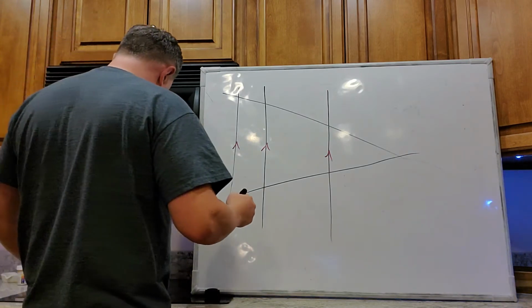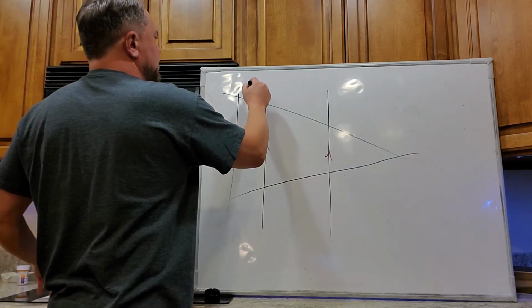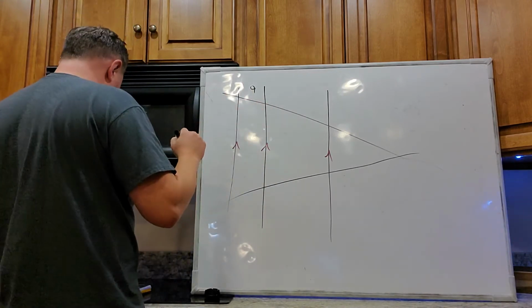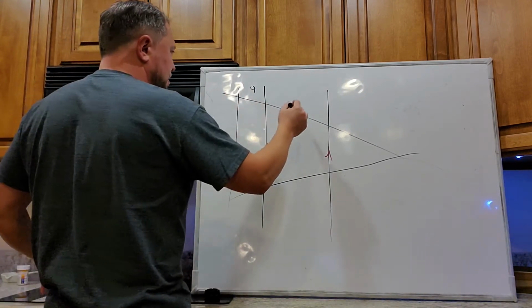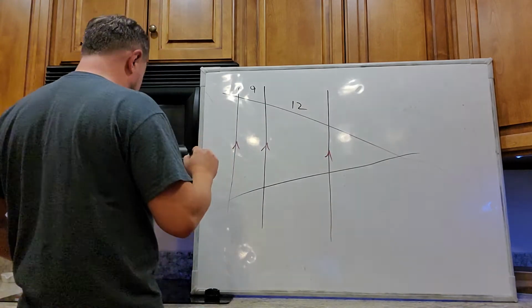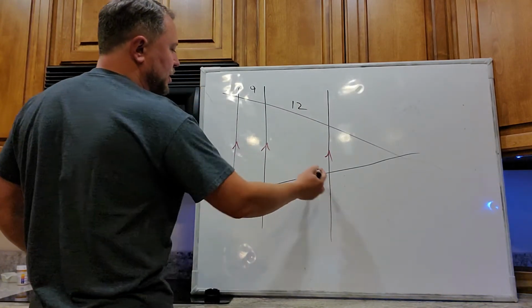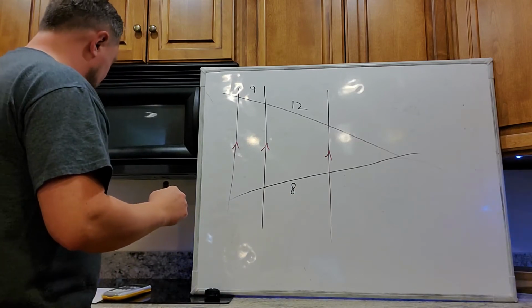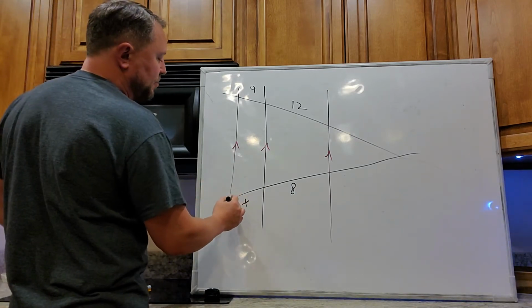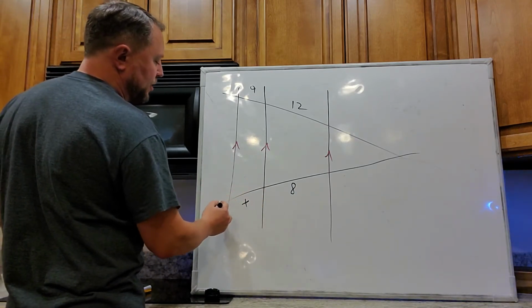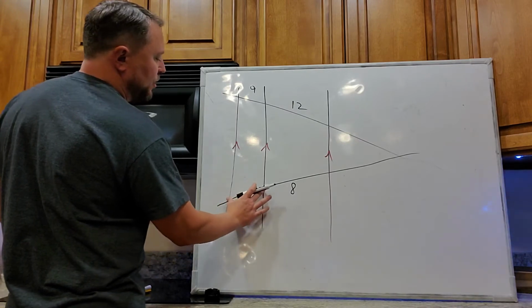And they give you some measurements. They tell you that this segment here is 9. This segment here from there to there is 12. And finally down here, this segment between here is 8. And they want you to be able to find this last piece down here, this segment between those lines.